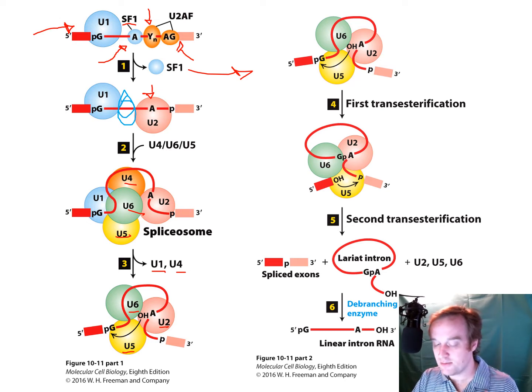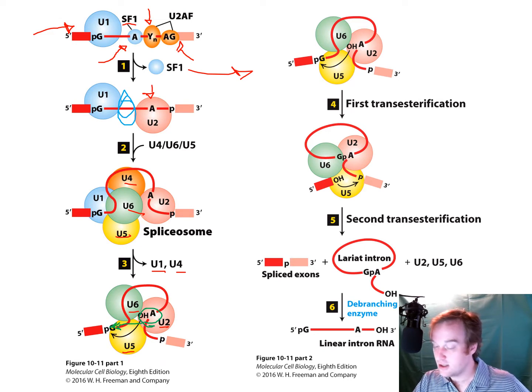And as you can see, by this occurring, we have brought closer that branch point, which is, let me get this green here, right over here. We brought that closer to that AG-GU on the 5' end.